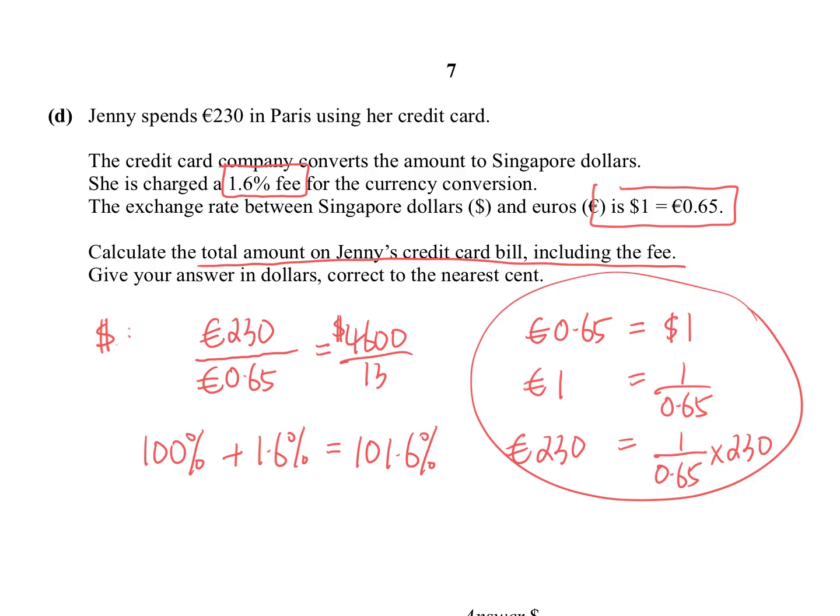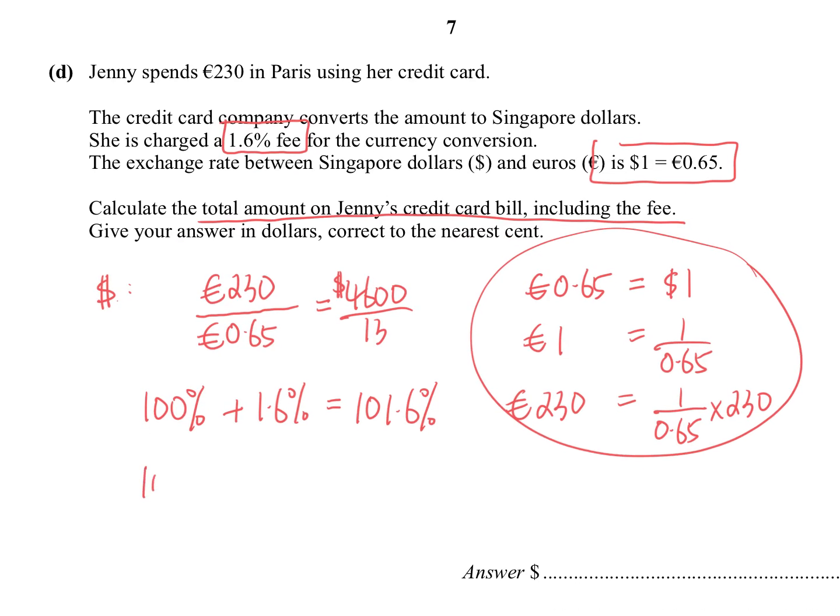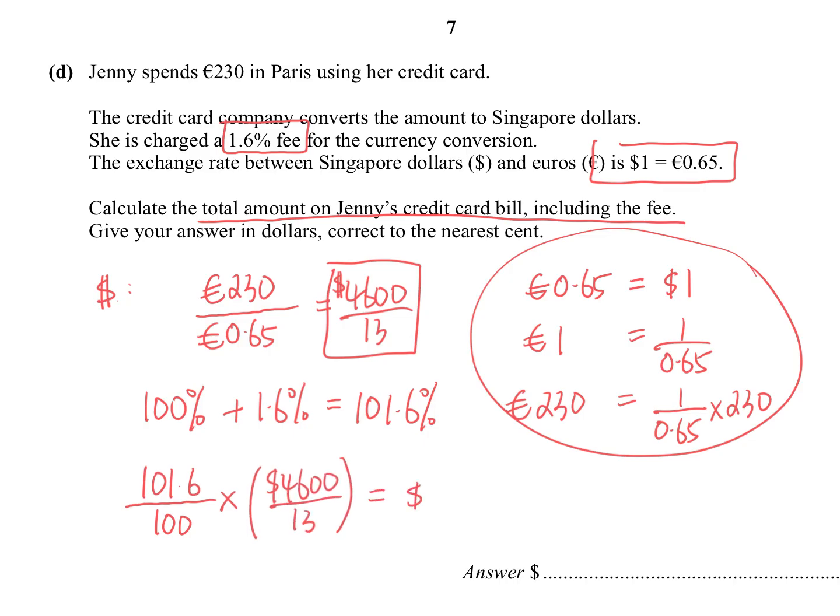To find my amount of bill to pay, I use 101.6 over 100 times this Sing dollars. So the final answer is 359.51. Nearest cent means nearest 1 cent, so it's 2 DP. So your answer will be this.